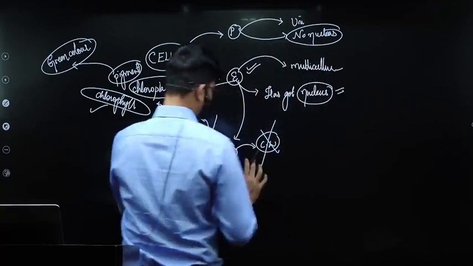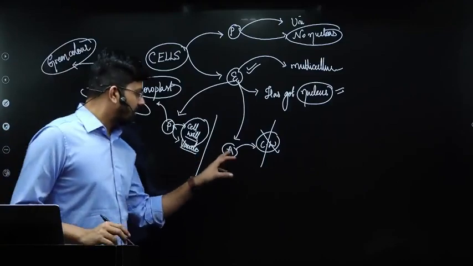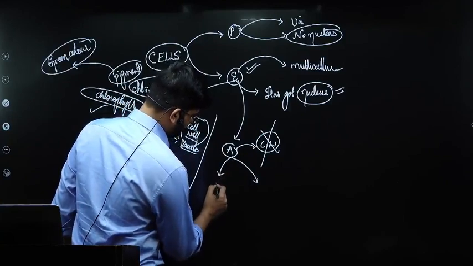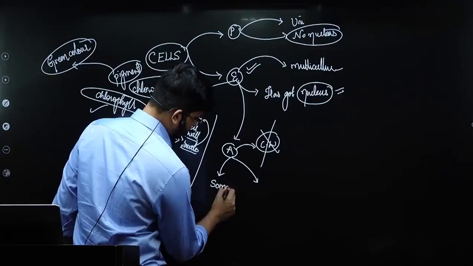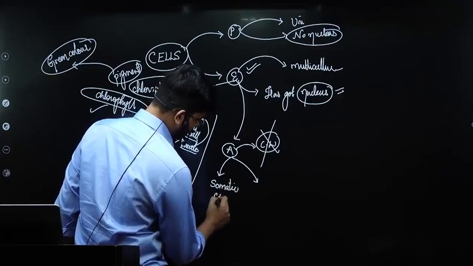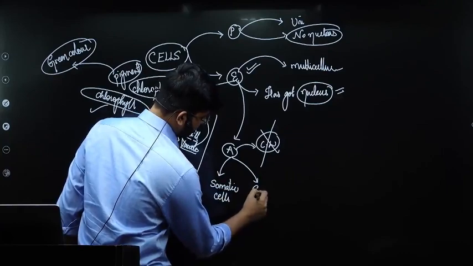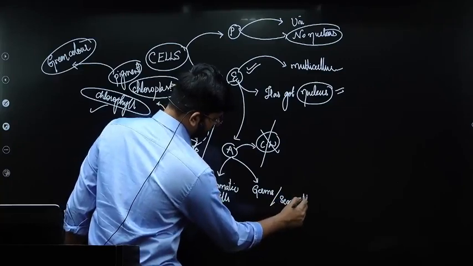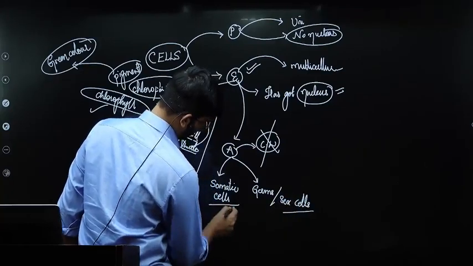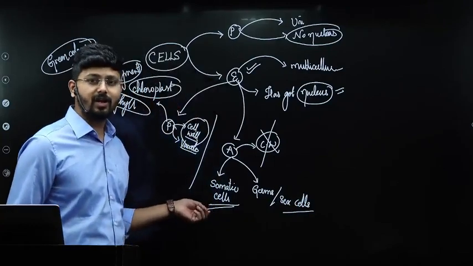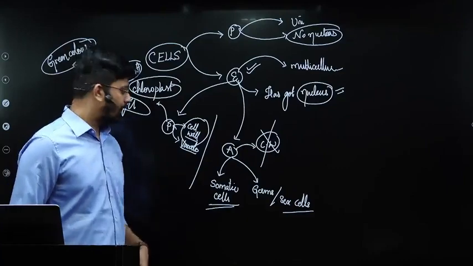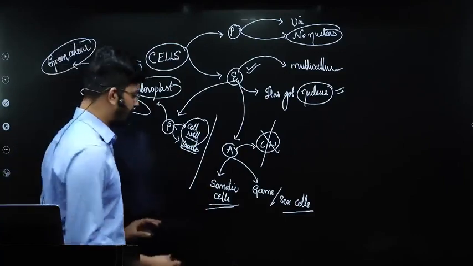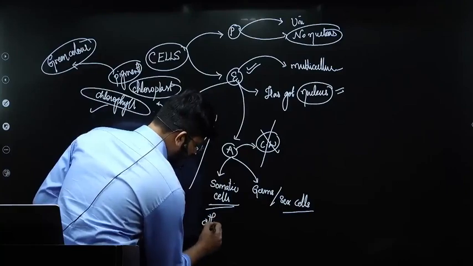So this we have studied yesterday, and I have also told you that within the animal cell there are two types of cells, that is somatic cells, and the other is germ cells or sex cells. Somatic cells are responsible for the creation of all other body parts within the body other than gametes.